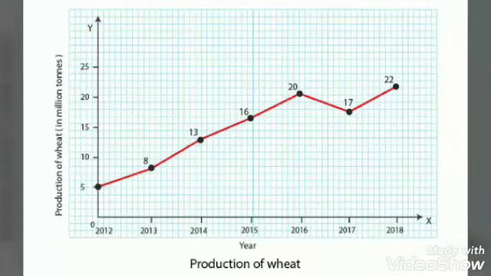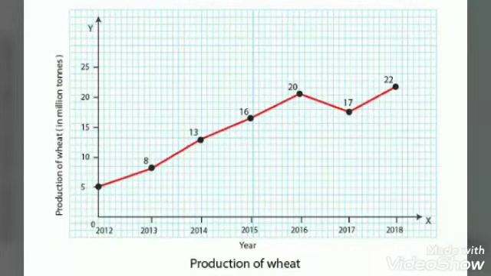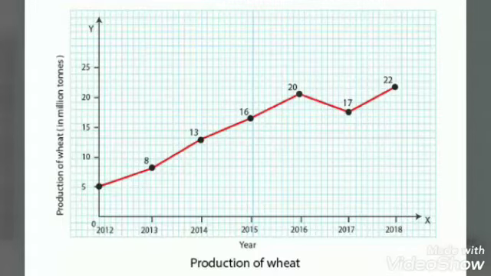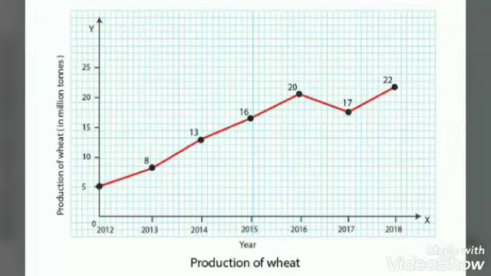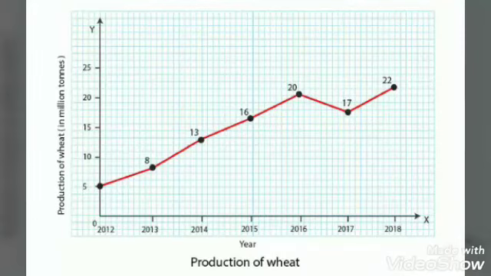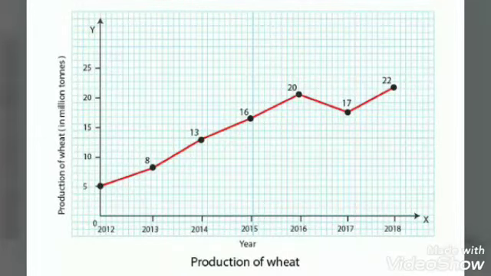Now if you see the diagram of the one variable graph, on the x-axis over here we have the year, that is from 2012 to 2018. On the y-axis we have the production of wheat in million tons. Now children, you can see that in the year 2012 the production of wheat is 5 million tons.